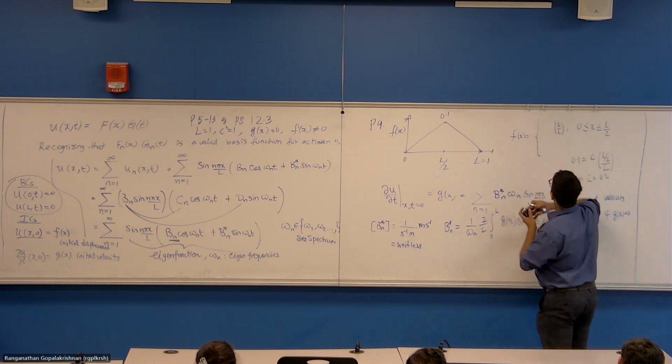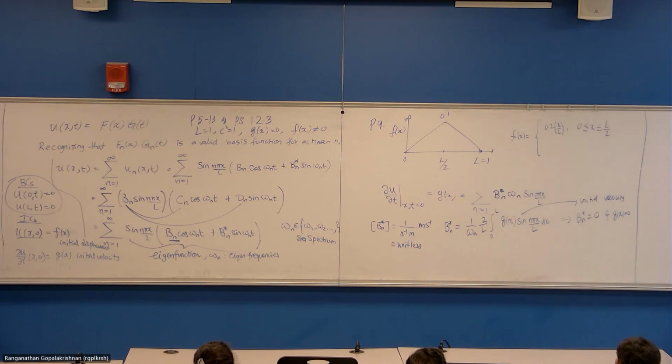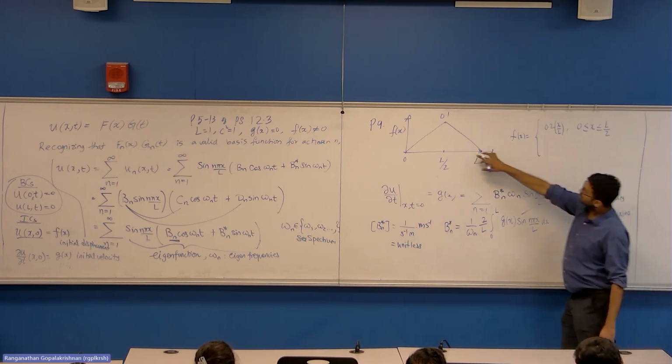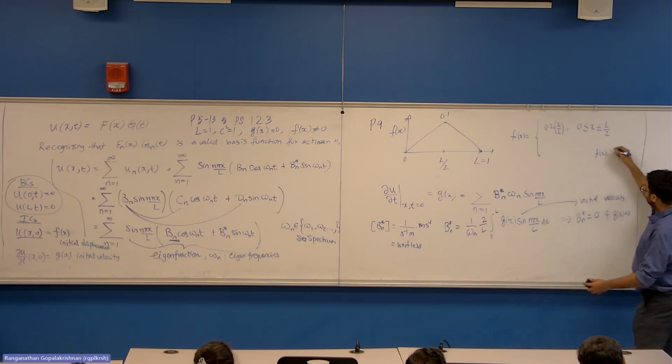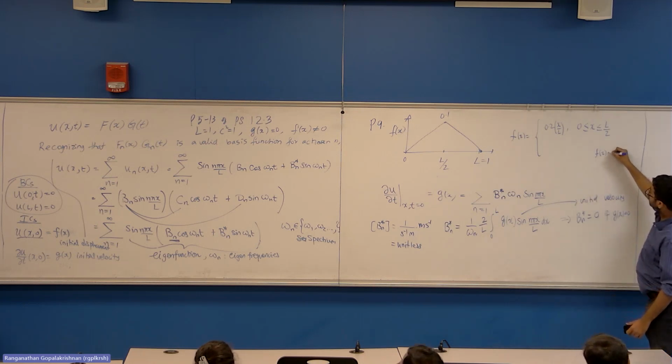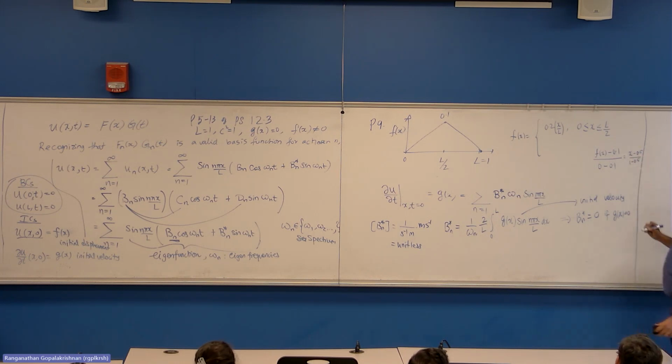And for the other half, for my dumb brain, I'll just write (f of x minus 0.1) divided by (0 minus 0.1) equal to (x minus 0.5) divided by (1 minus 0.5).